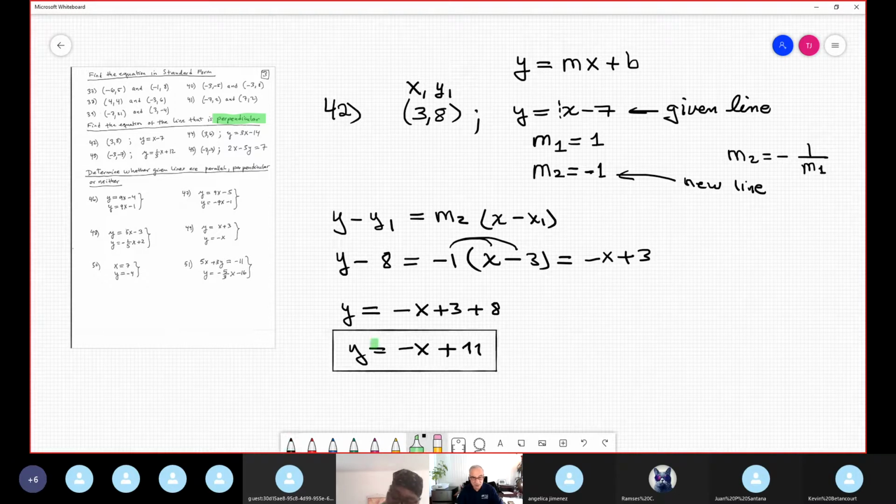Always we highlight it in green color. Now standard. Standard is pretty easy because the only thing you should do is move the x to the left. You put in the first place x plus y equal 11. Done.